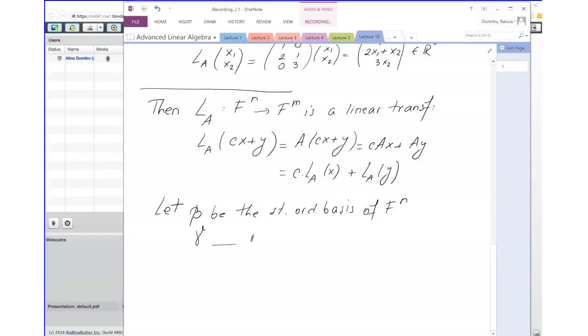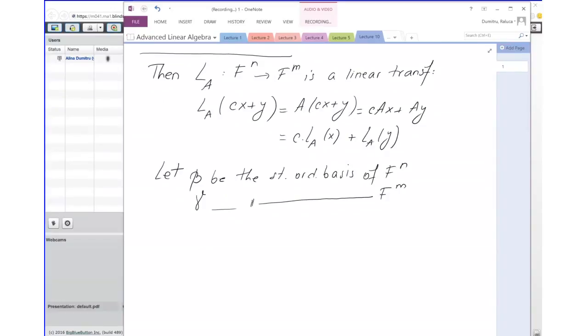And gamma is the standard ordered basis of Fm. So beta and gamma are the standard ordered bases of Fn and Fm respectively. Now I want to find the matrix of this linear transformation L sub A from beta to gamma.